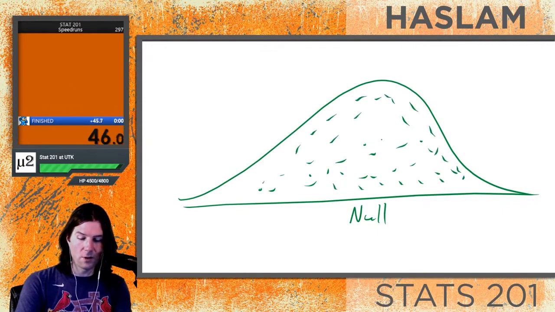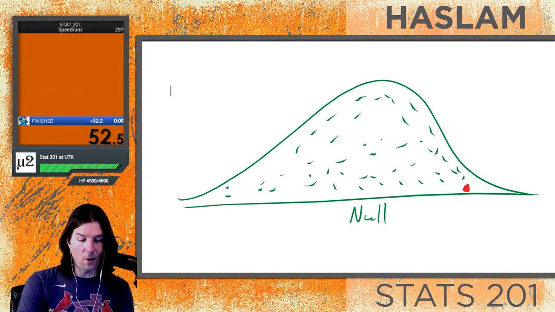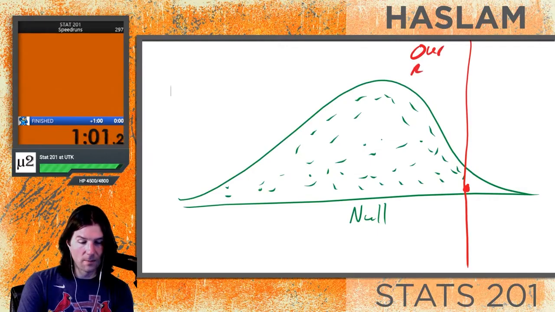Now our results we're going to put here as a red dot. This is where we landed. There's our results. Then we'd ask, what is the probability of our result or a result more extreme?